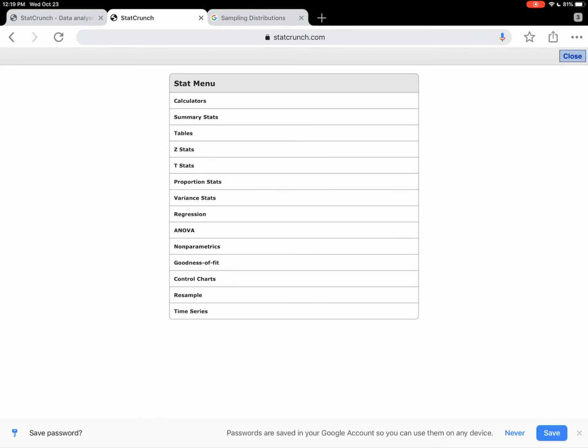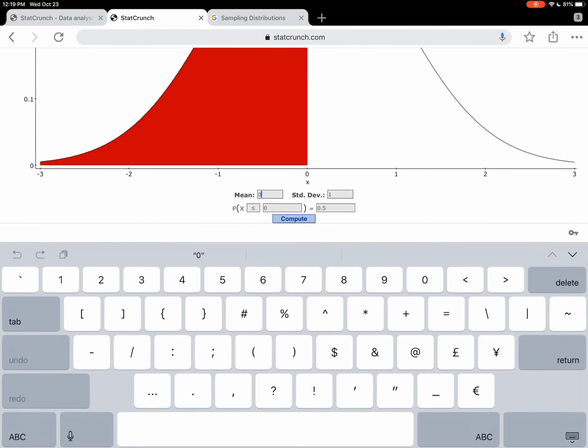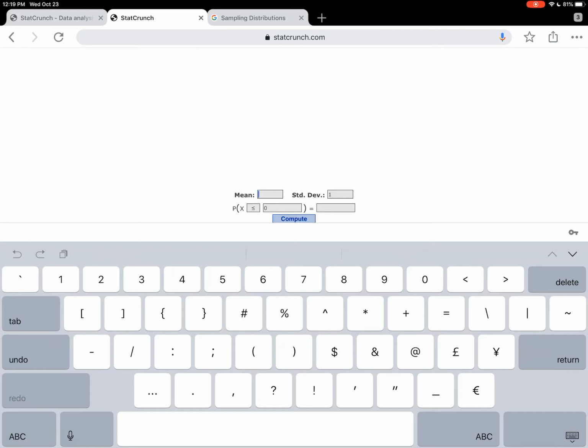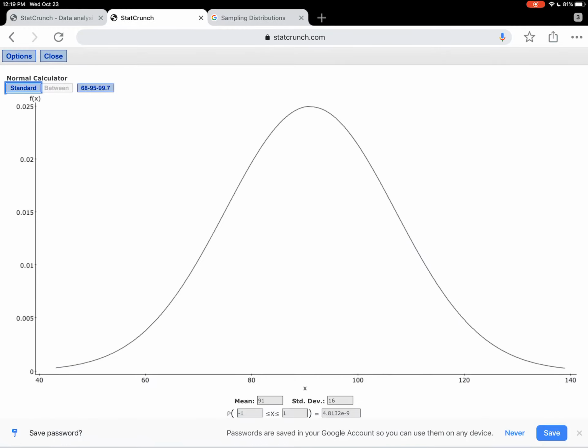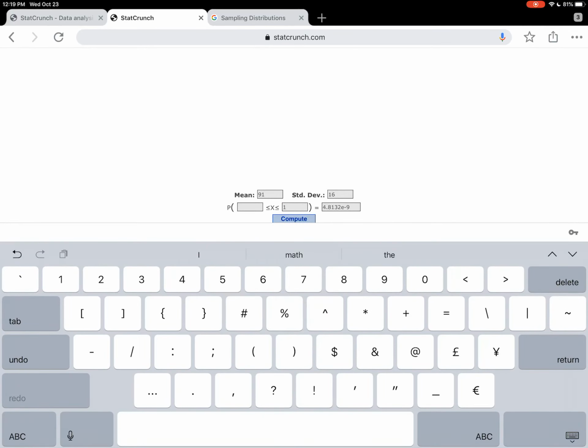So I'm going to go into my normal calculator. I'm going to type in the appropriate mean. Mean was 91, standard deviation was 16, and I want the between option. I want to know the probability of this time coming out between 81 and 101.